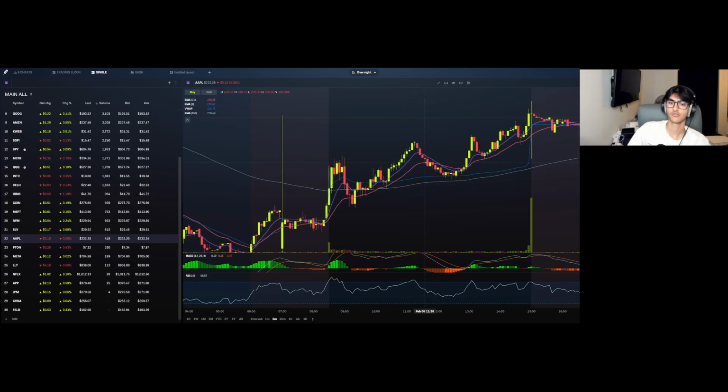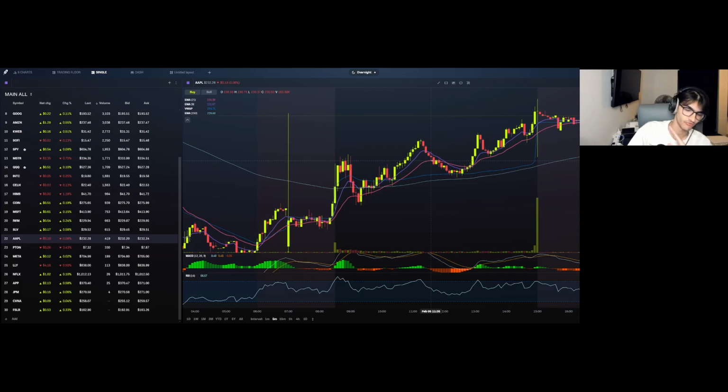What I usually look for, on the very most basic level, if we got rid of everything else, is that I'm only taking calls usually. I say usually because there are exceptions. Usually I'm only taking calls when we are above VWAP, and I'm only taking puts when we are below VWAP. Why? My answer is relatively simple.